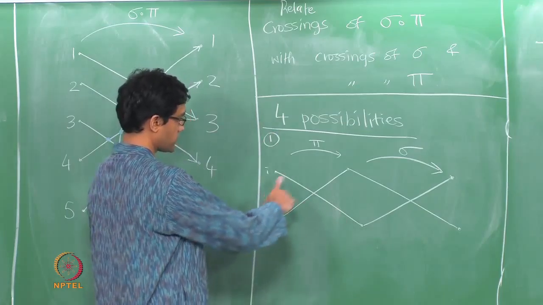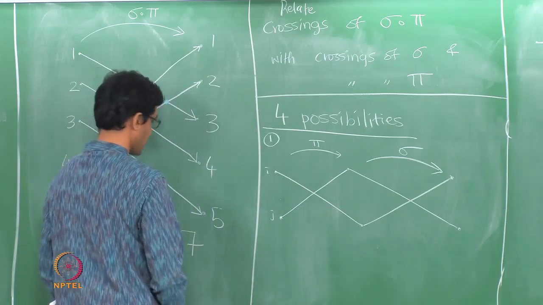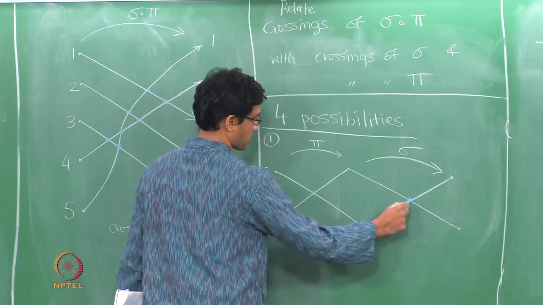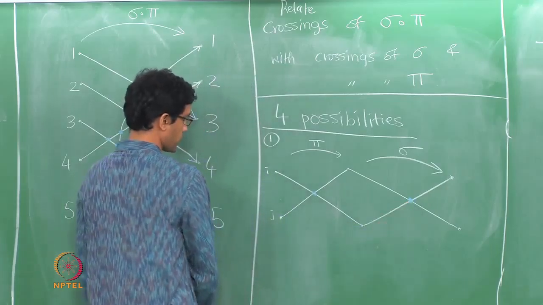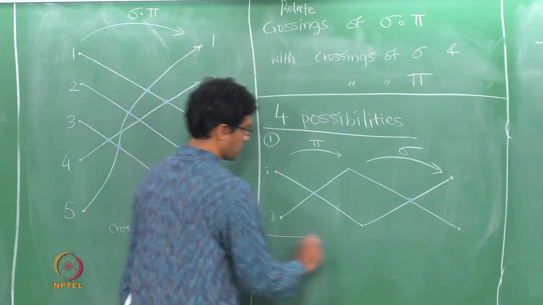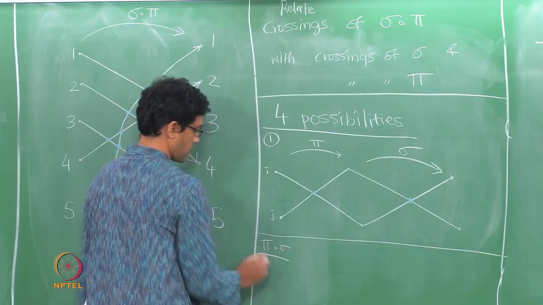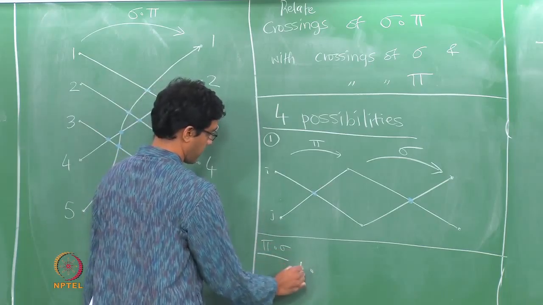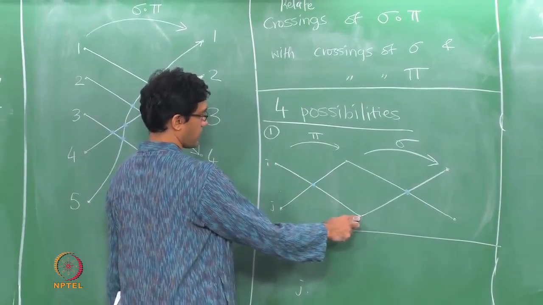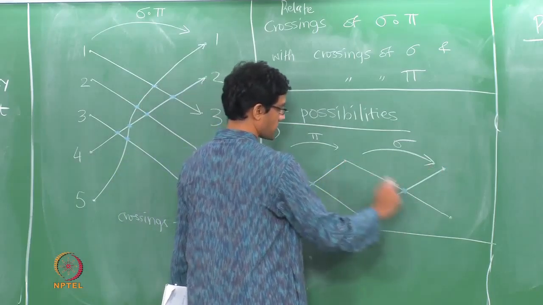Now if this happens, then each of them gives me 1. So pi gives me 1 crossing, sigma gives me 1 crossing. But when I look at the composition of the 2, so what happens when I look at pi composed with sigma? If I look at pi composed with sigma, then here is what it does. I have i, j. So first the result of pi of i is bigger than pi of j, but then sigma of pi of i is smaller than sigma of pi of j.